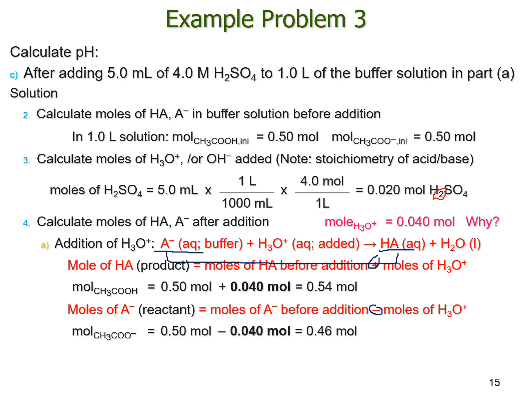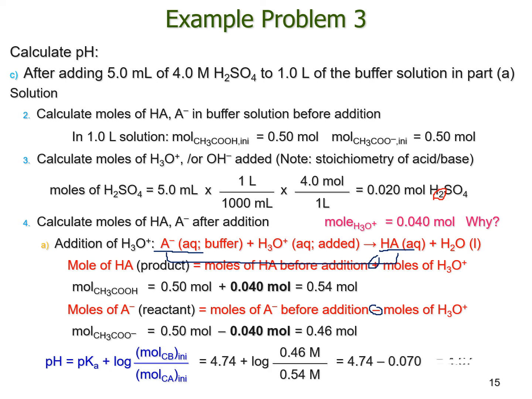Now that we have the new moles of this pair of conjugates, we apply that to the pH equation with a variation of moles. We find out it's 4.67. That value shows we do see a change of pH, but not much. 4.74, 4.67, we talk about a change in the second digit of the pH.